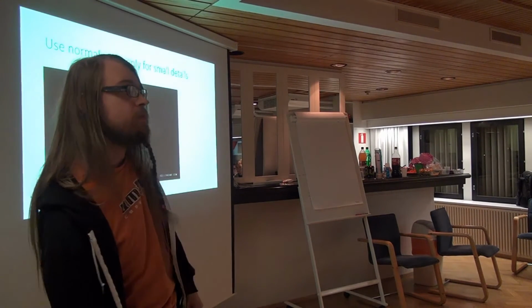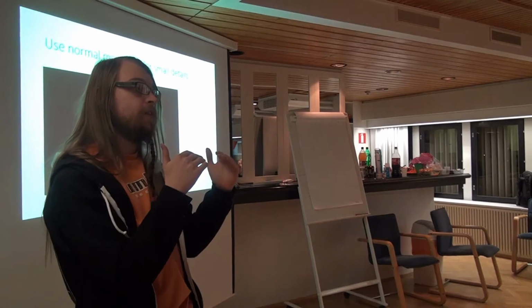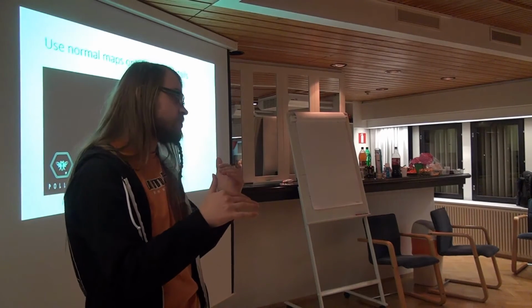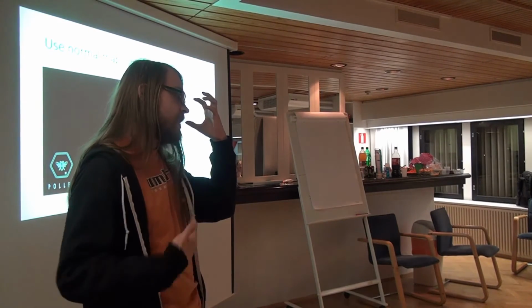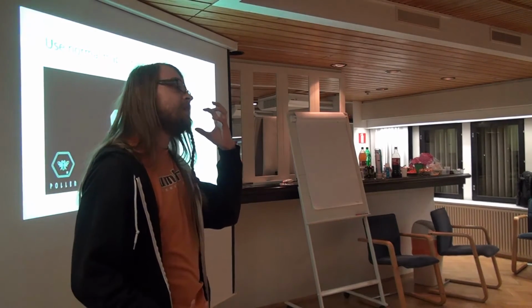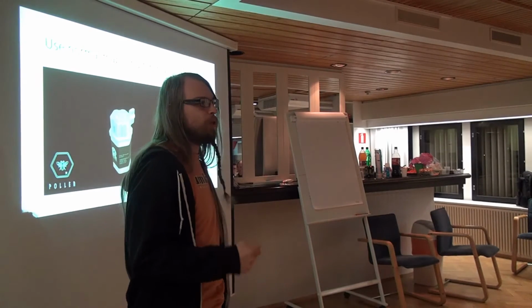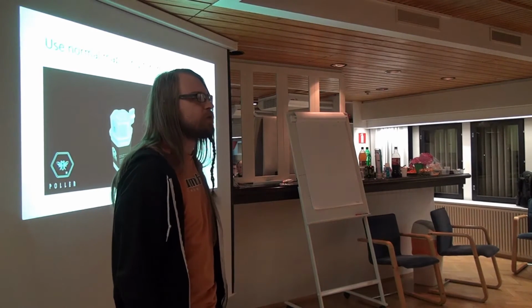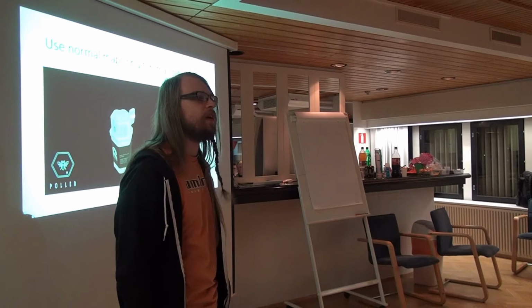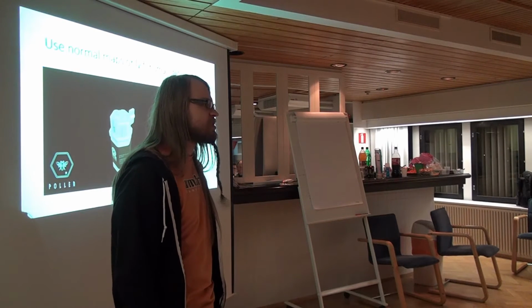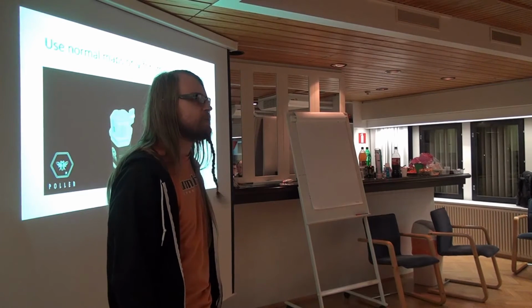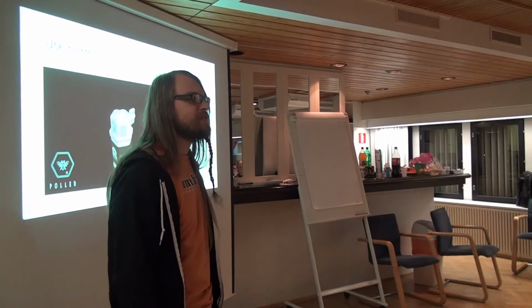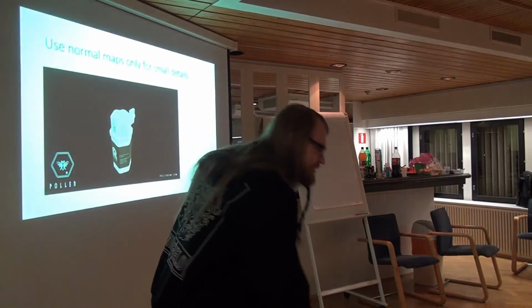So you need to be careful of where you draw the line of what works with normal maps and what doesn't. So always test the assets in Oculus Rift again and again and again and see where it works. Currently in Poland there are quite a lot of normal maps that we use, and most of them don't actually look that good in VR, but because we just can't render 10 million polygons all the time, we can render something like 5 million or 7 million. It's not enough for everything.